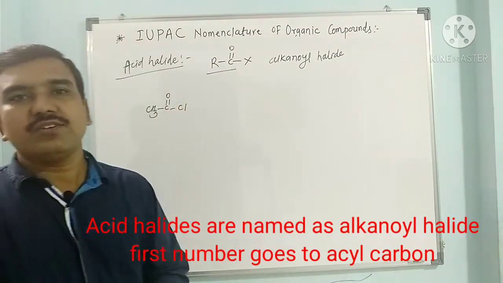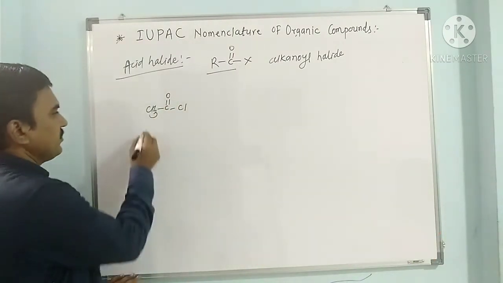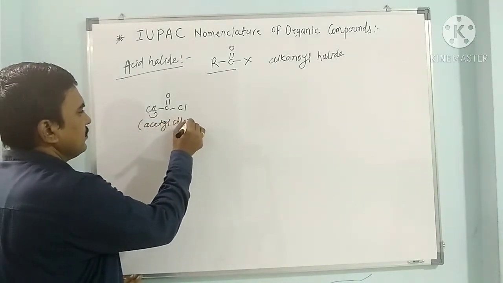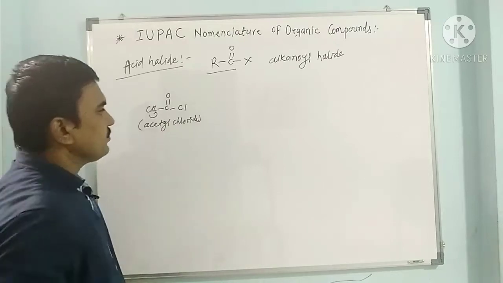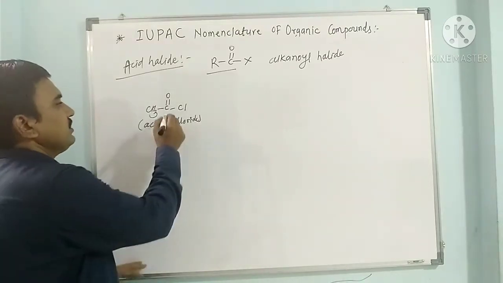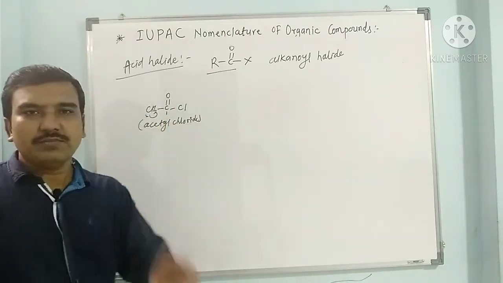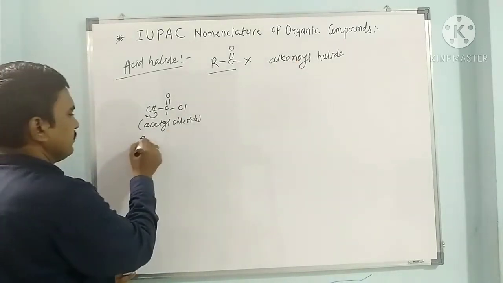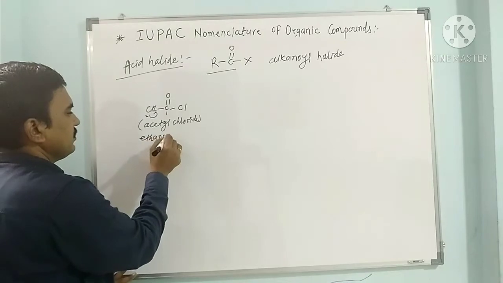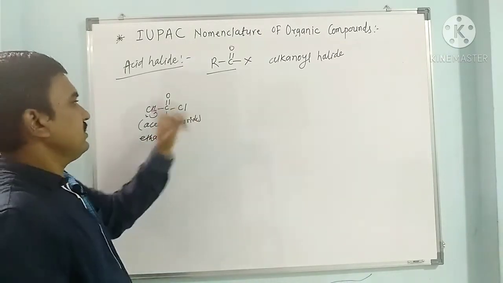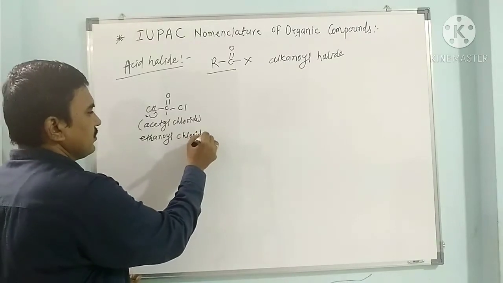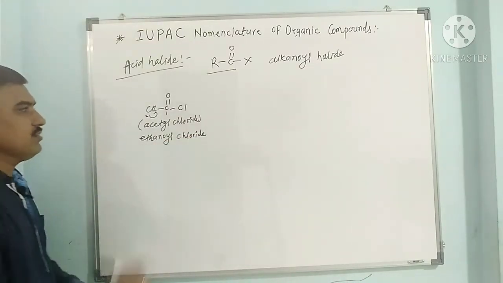This compound is commonly called acetyl chloride. It is named as 1, 2. How many carbons? 2 carbons. So it is ethanoyl. What is the halide? It is chloride. So it is ethanoyl chloride.